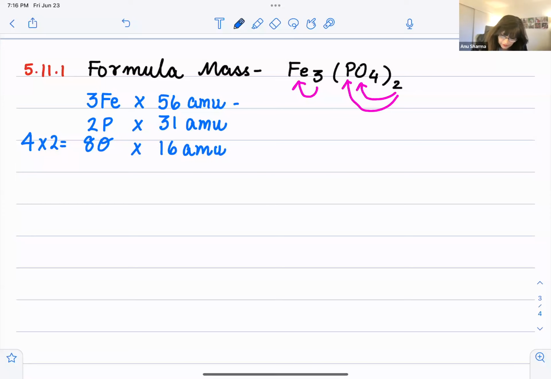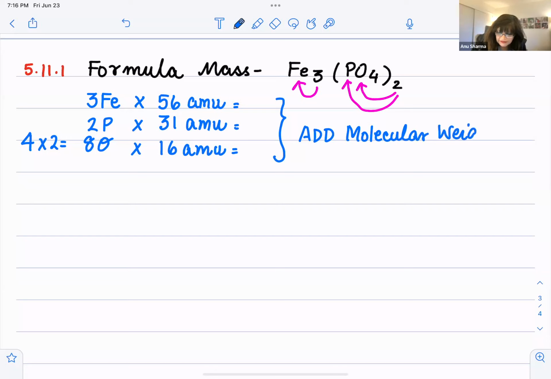Whatever numbers you get, you add them all up. This is also called the molecular weight, commonly seen in several books. It is also called the formula mass, and commonly now the molar mass.